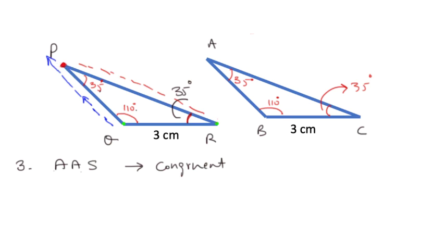We do the same exercise for triangle ABC. Keep in mind that the base BC is exactly the same as the base QR, and we are stretching those rays at the same angles, both ways.